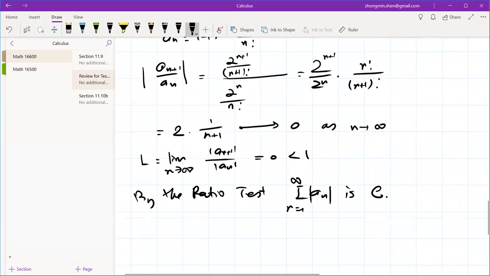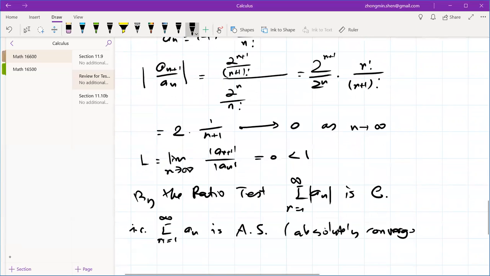That means the series is absolutely convergent, i.e., this series is absolutely convergent. It's not an alternating series. This is absolutely convergent.